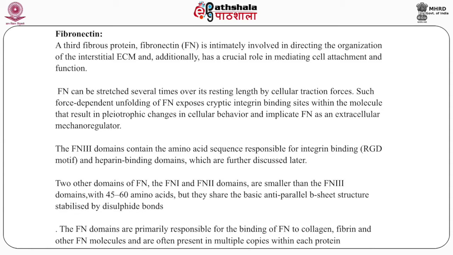A third fibrous protein, fibronectin, is intimately involved in directing the organization of the interstitial ECM and additionally has a crucial role in mediating cell attachment and function. Fibronectin can be stretched several times over its resting length by cellular traction forces.